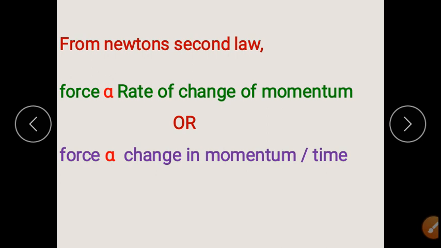Inversely proportional means when time is increased, force is decreased, and when time is decreased, force is increased. When it comes in the numerator, it is direct proportionality. Anyway, here we have got force is proportional to change in momentum divided by time.